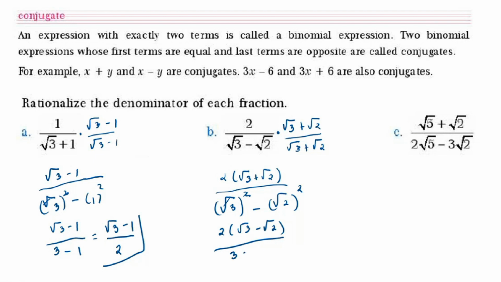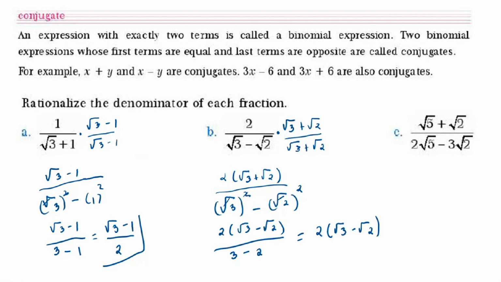We have 3 minus 2, this is cancelled and cancelled. So 3 minus 2 is 1, and a number divided by 1 is itself. So the answer is just the numerator, 2 times the square root of 3 minus the square root of 2. I don't need to write the 1 because it's just 1.